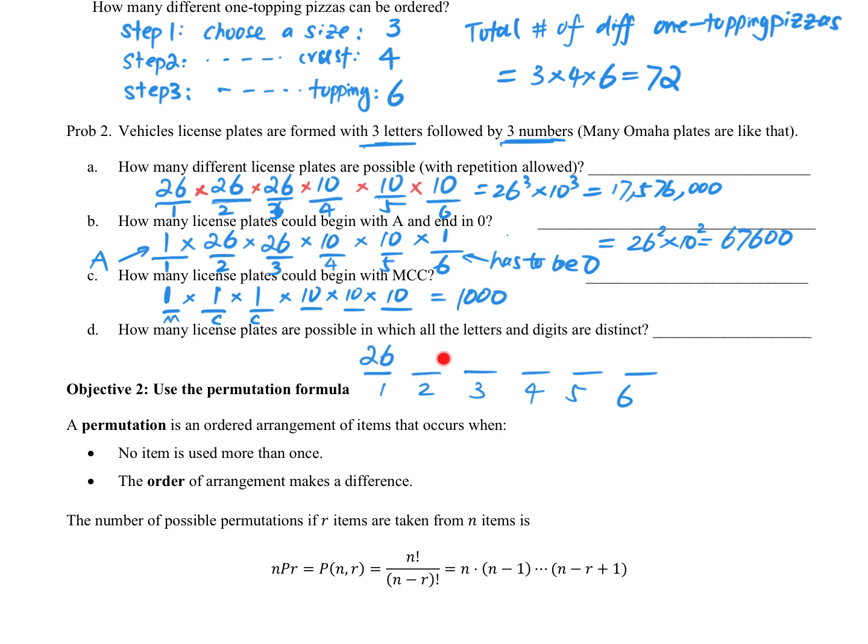Now the second one, you must fill in a letter. However, one letter has been used for the first character, so that letter cannot be used because we do not allow repetition. The digits and letters must be distinct. So we are left with 25 letters to choose from, right?